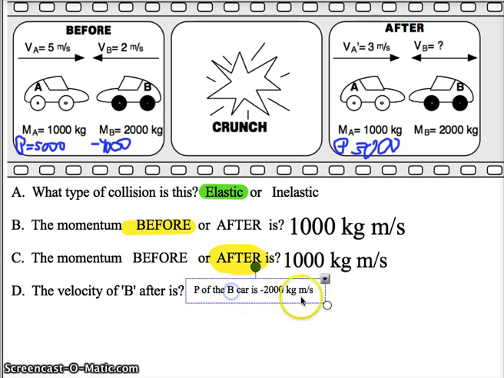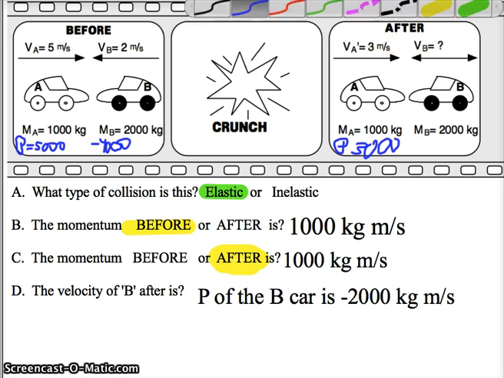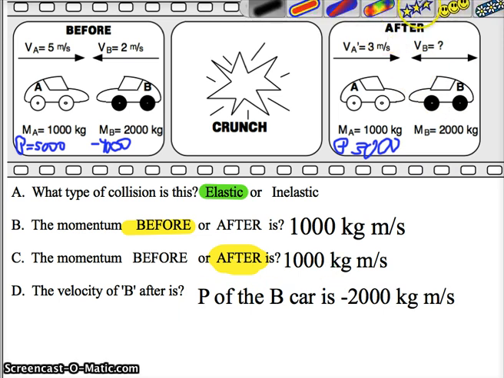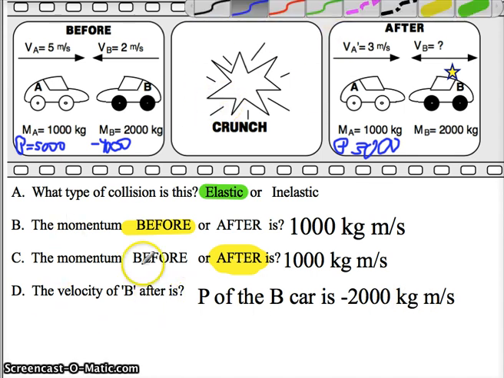The momentum of the B car, this car here, and I'll put a star by that. This car right here has a momentum of negative 2,000 kilogram meters per second. So to find its velocity, velocity would equal its momentum divided by its mass.